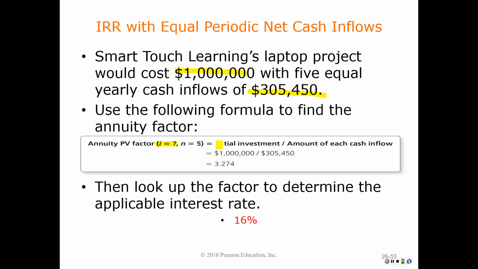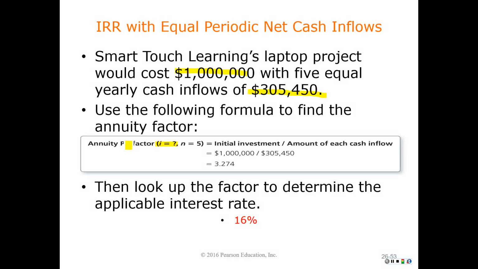So I've simply revised the formula. Instead of saying 305,000 times a factor, I am trying to actually find that factor. So we've reversed our formula. And when we find our annuity factor of 3.274, we know this is an annuity, $305,450 once a year for 5 years.